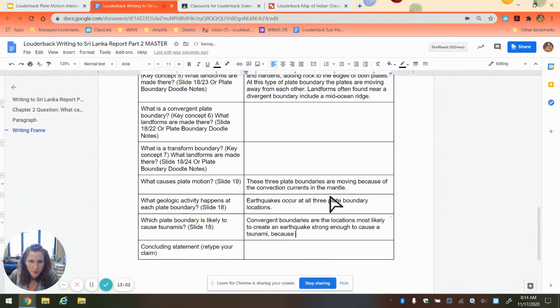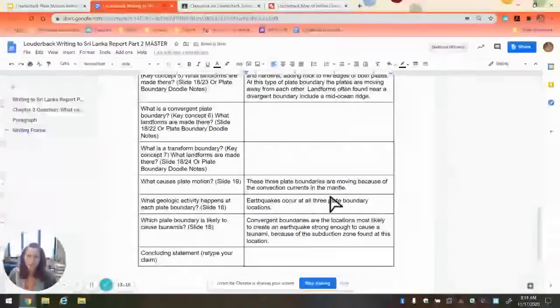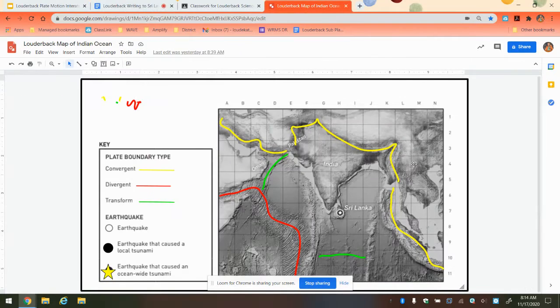And if you remember, that's because of the subduction zone found at this location.